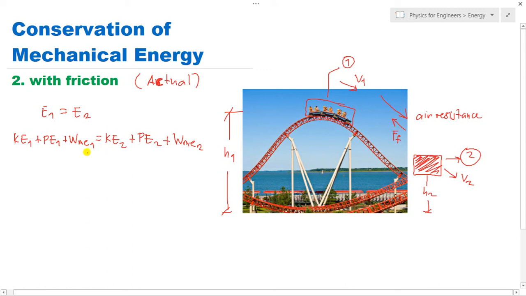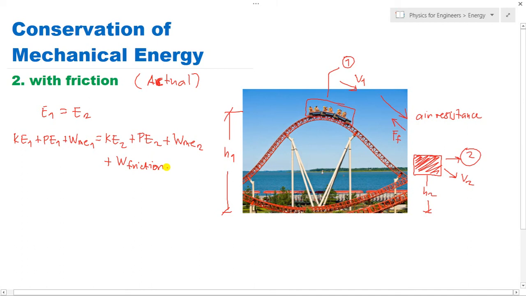Now, ideally, class, if there is no friction, all the energy from 1 is converted into kinetic energy, potential, and the mechanical work at 2. However, due to the presence of friction, some is wasted. Meaning, some of the energy from point 1 is used to overcome these frictions. That's why we add here the work due to friction and air resistance.